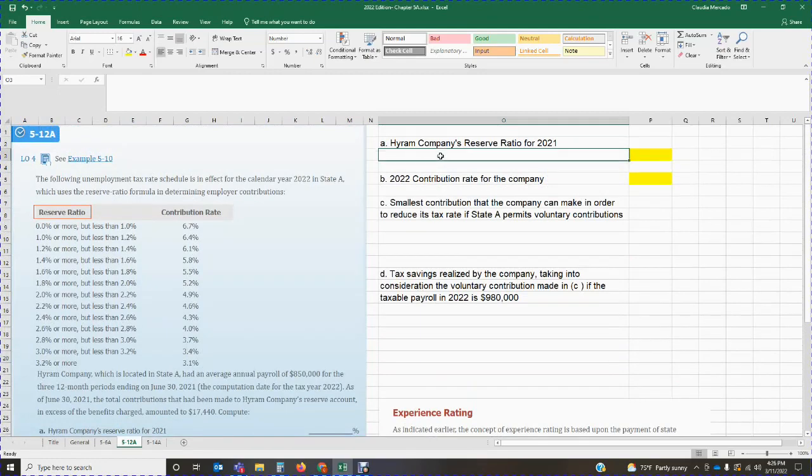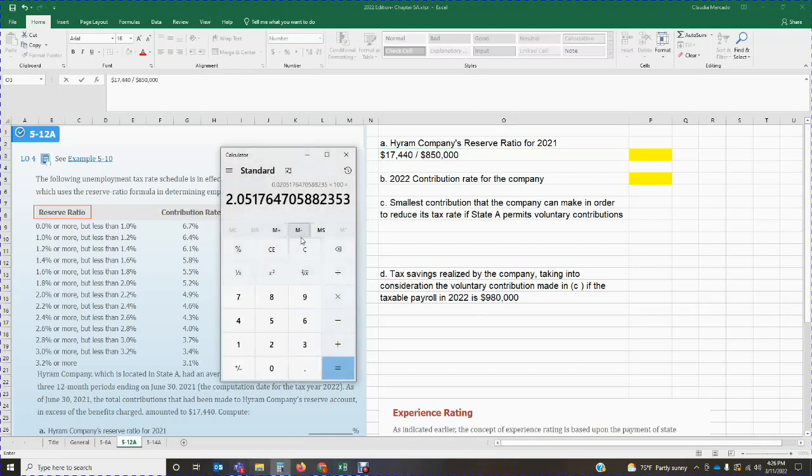So to calculate the company's reserve ratio for 2021, I'm going to get the $17,440, which is the excess in contributions that we had, divided by our average annual payroll of $850,000. Okay, let me get my calculator out. So it's $17,440 divided by the average payroll of $850,000.